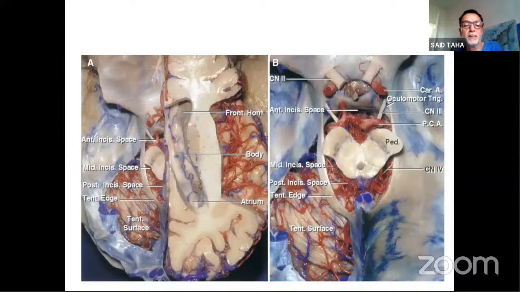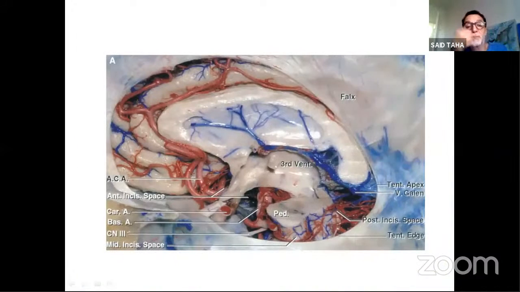This is an image from above with the different spaces, anterior spaces, middle spaces, and posterior spaces, incisor spaces.